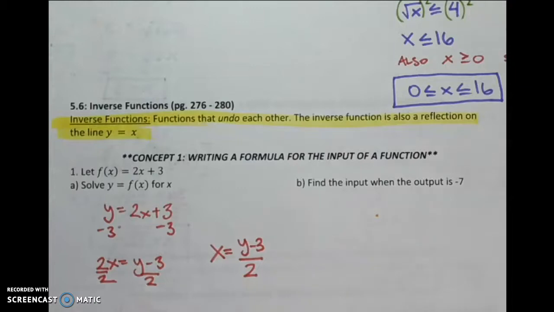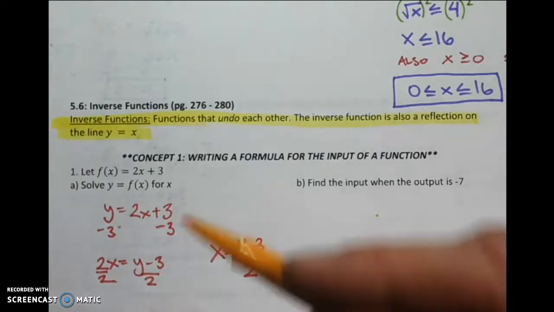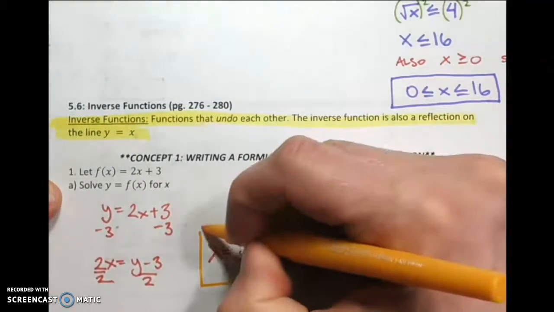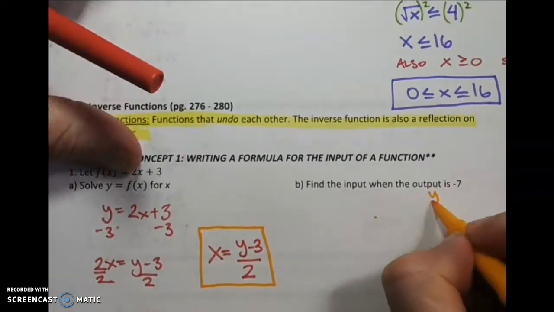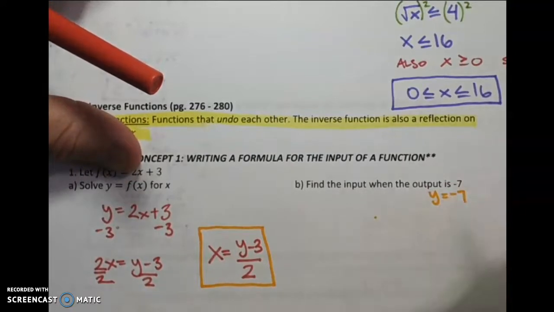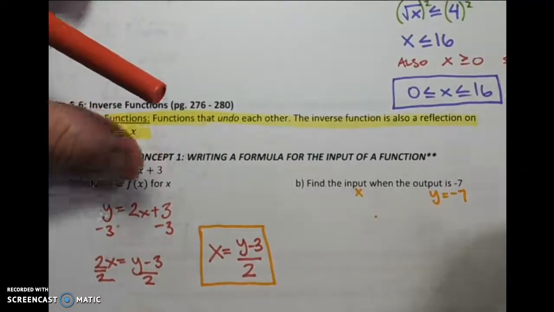Okay, so I solved for x, right? The next part, it says find the input when the output is -7. Well, output is y, right? So y is -7. Input would be x.